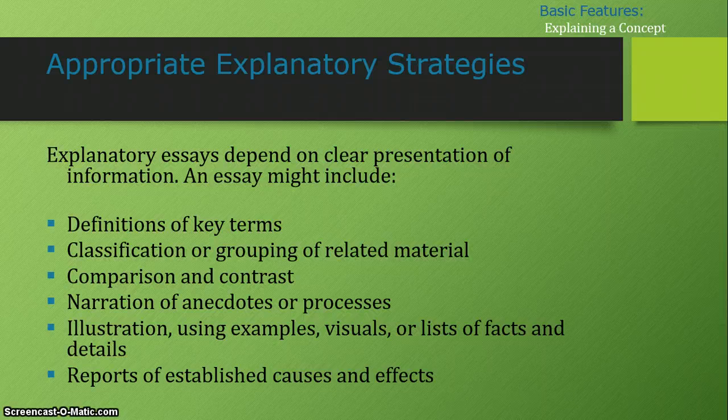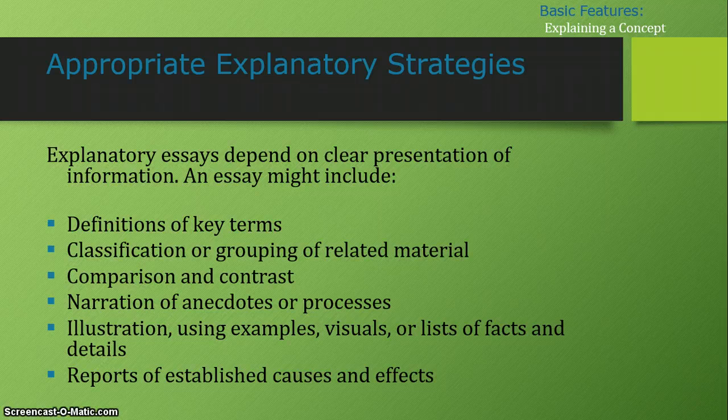Now, the next thing is the appropriate explanatory strategies. This is all about definition of key terms. This is about classification. We'll do a little more compare and contrast in the next essay, but understand that you're going to start off with some of the things that you've already done, giving illustrations, details, anecdotes.